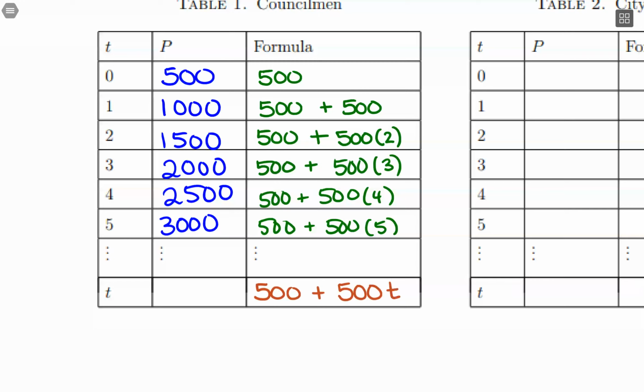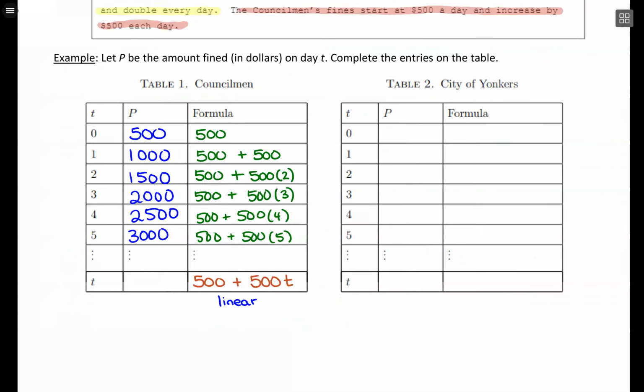We can see this is a linear equation, coming from the fact that we have this starting value and then we're constantly adding on the same number per day, which is the idea of the slope of a line. It's constant and added on for each day, where we could plug in t for the amount of time.